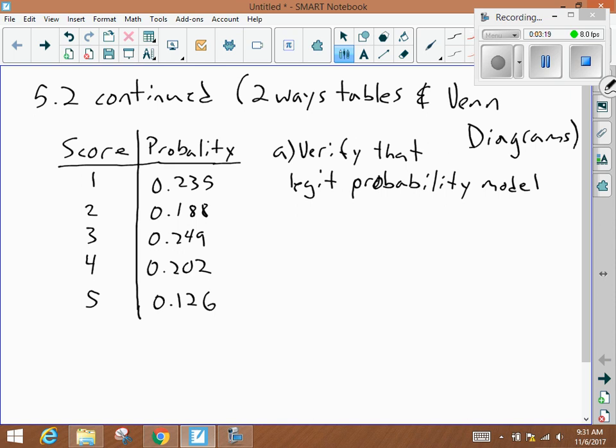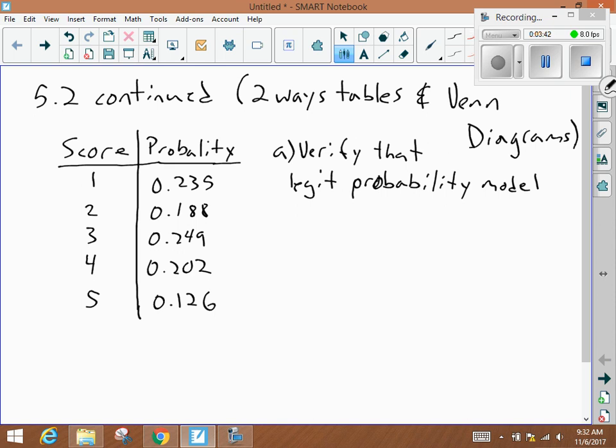So let's go ahead and add them. And in fact, in this particular case, every single scenario is represented, right? There's nothing that isn't represented, yeah? So then what do you think these should actually add up to? That's correct. They should add to 1.